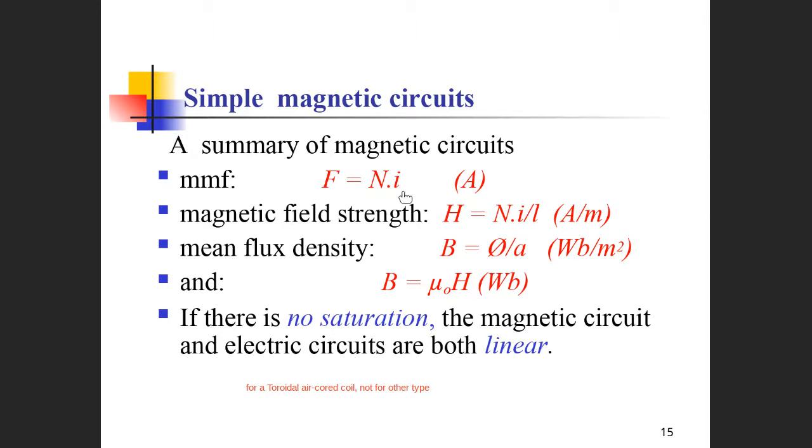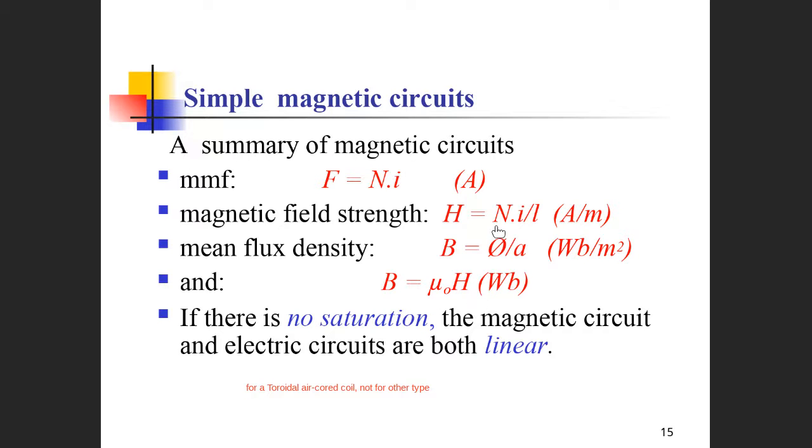If you have turn numbers N and the current I, then the magnetomotive force F can be represented using this, and the magnetic field strength H can be estimated using the turn numbers and current I over the length of the coil, because the coil is a ring coil. The mean flux density can also be estimated, from the flux produced over the area A, and the B and H relationship with mu0.